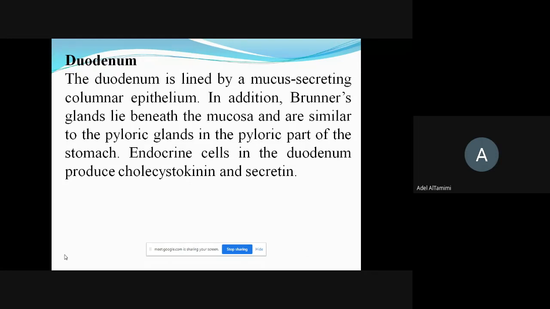The endocrine cells that are important to be mentioned here are the endocrine cells that produce cholecystokinin and pancreozymin, and the other hormone is secretin, which has a vital role in the motility and secretion of the upper GI tract, including the pancreas, and the motility and contraction of the gallbladder and biliary tree.